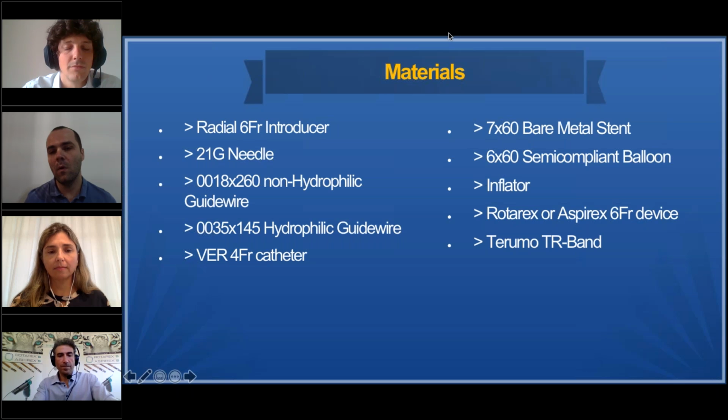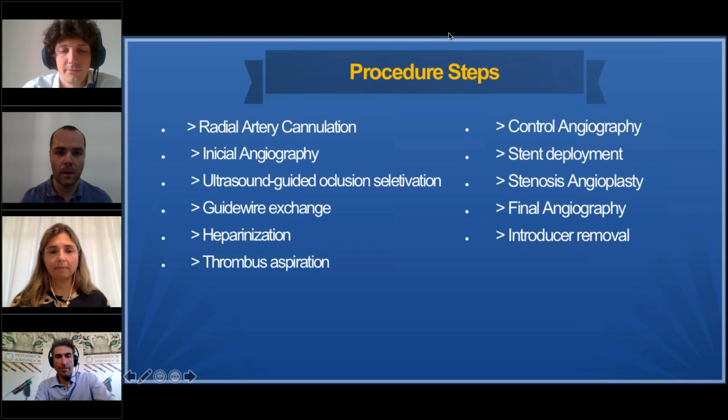A bare metal or a covered stent, if possible a semi-compliant balloon, an inflator, and a Rotarex or Aspirex device. The Terumo TR Band is a compressor that I always use at the end of the procedure. In the next slide you will see.